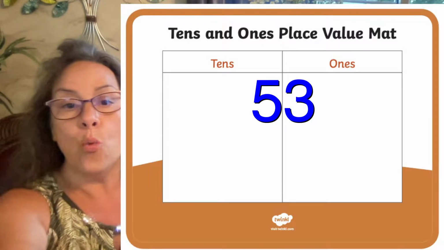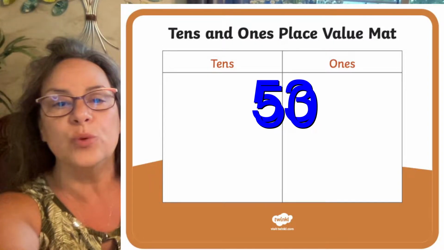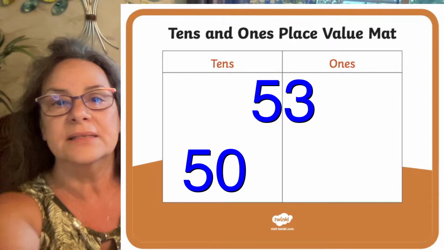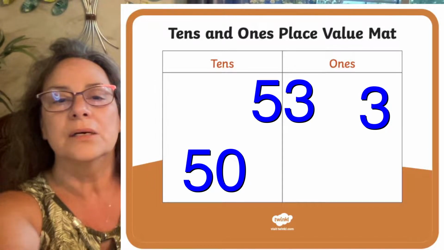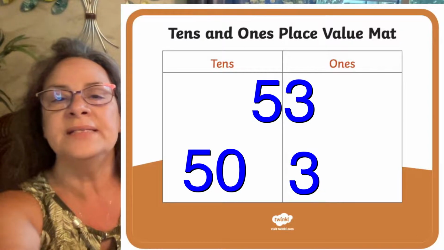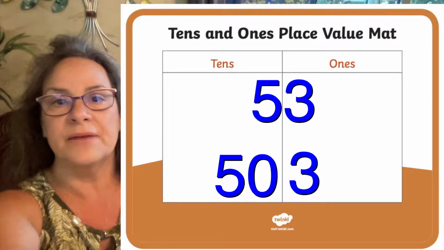What that really means is that we've got 5 tens and 3 ones, right? 53 means 5 tens and 3 ones, not 503.